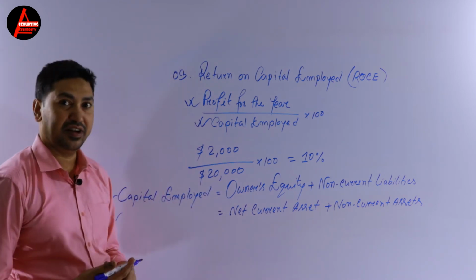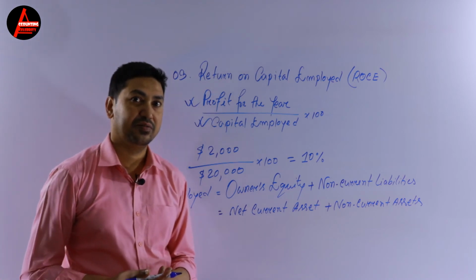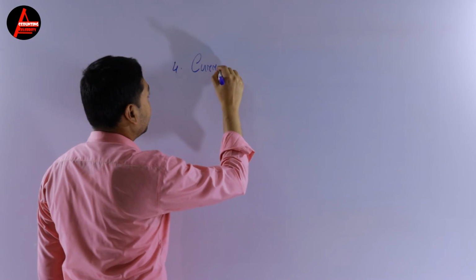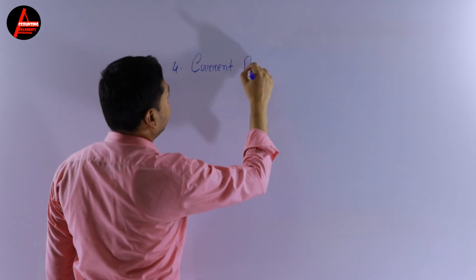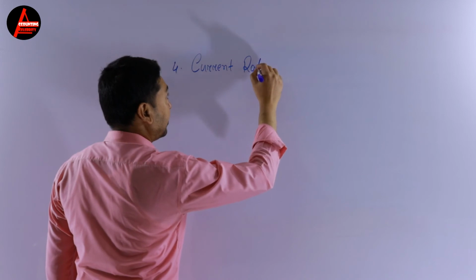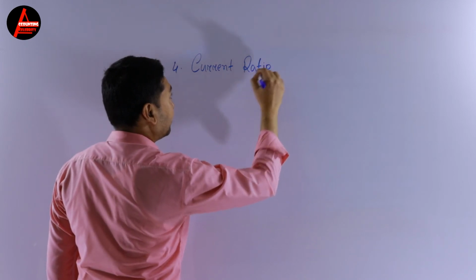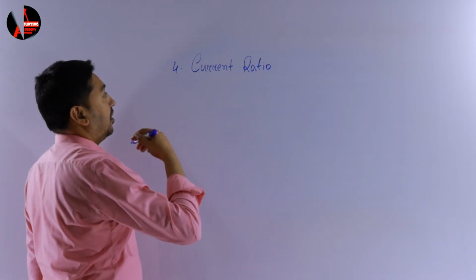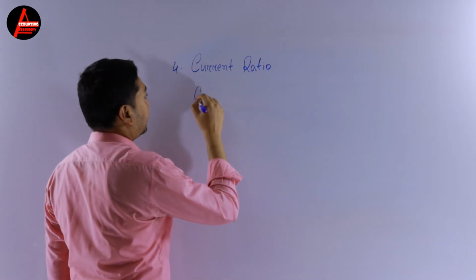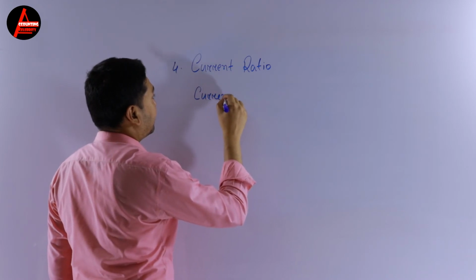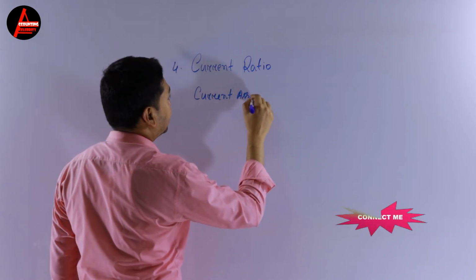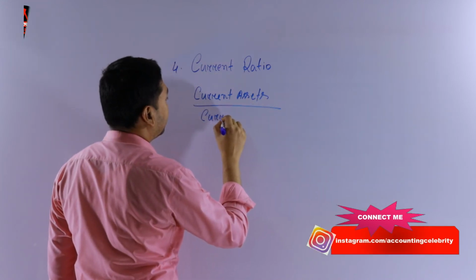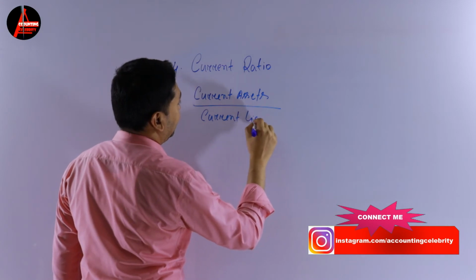Okay, so let us do the next one, number 4. Here we have current ratio. So what is the formula here? You can say current assets divided by current liabilities.